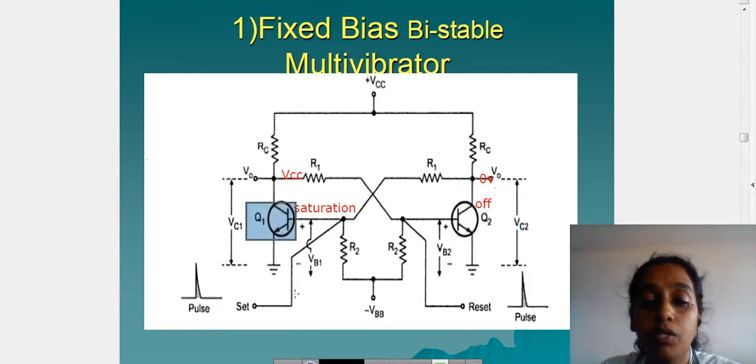Now we apply an external trigger which makes transistor Q1 on, as Q2 is already on, so the external trigger does not affect this transistor. When transistor Q1 is made on, it makes transistor Q2 off. No two transistors are on or off at the same time.